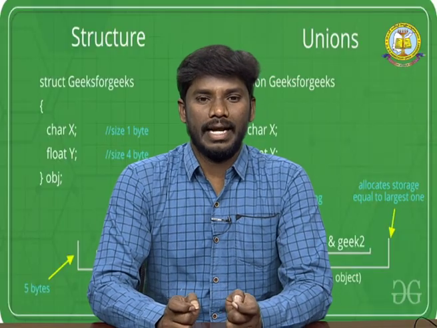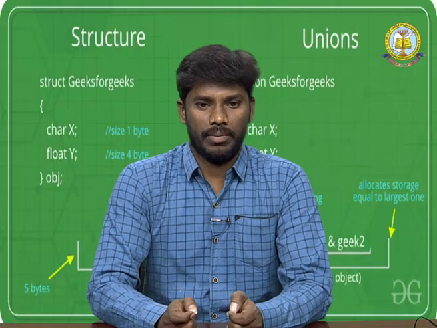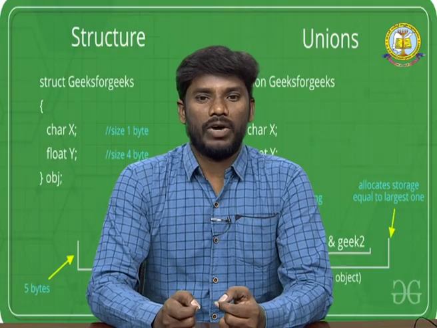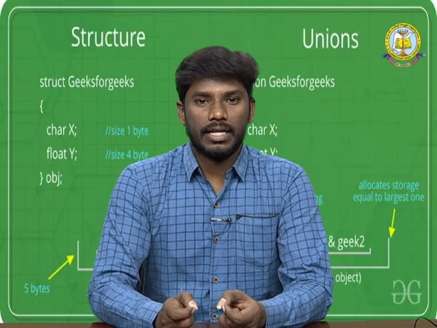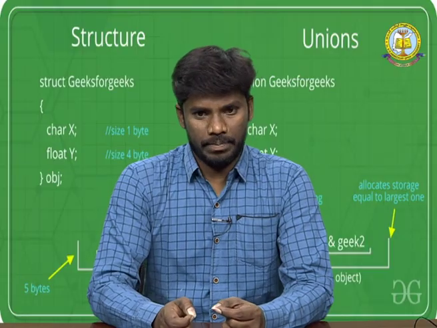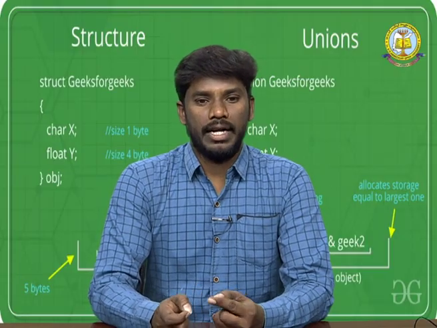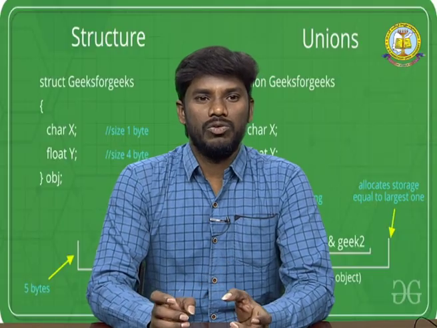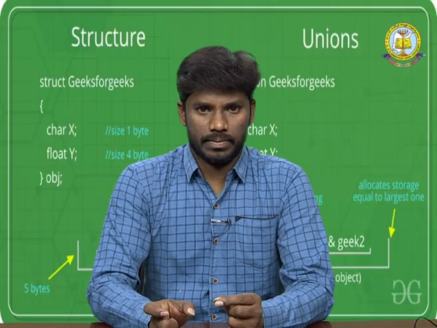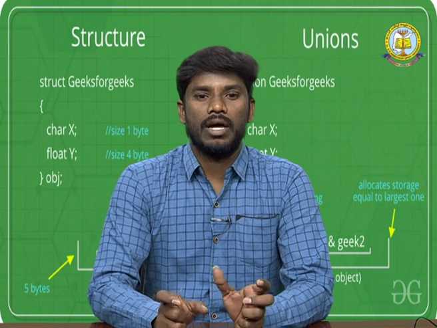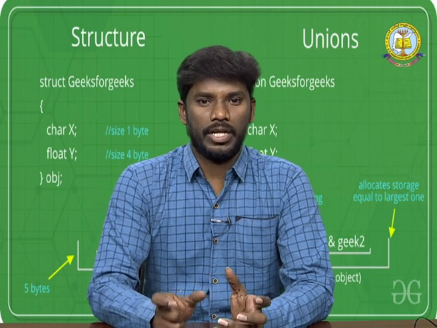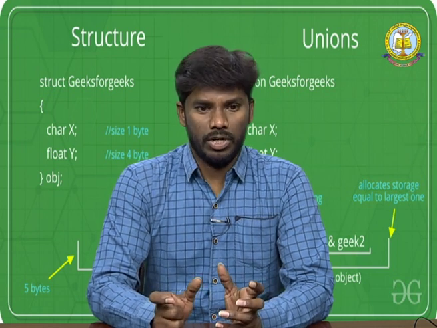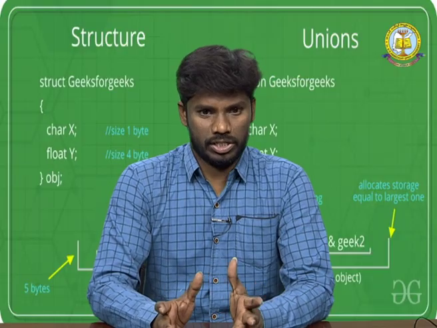Before we can create the structure variables, we need to define its data type. Without a data type, it is not possible to create structure variables. To define a structure, we will use the keyword called struct. So, struct is a mandatory keyword to create the structure variables or to define a structure in C.